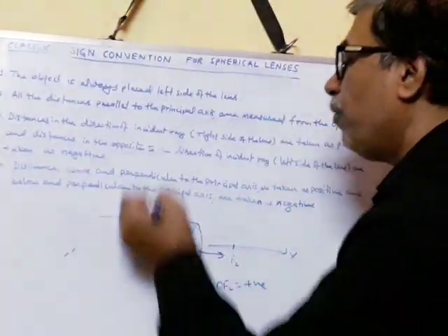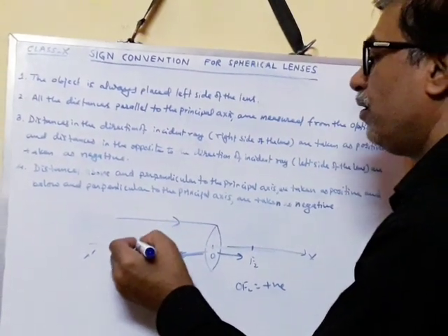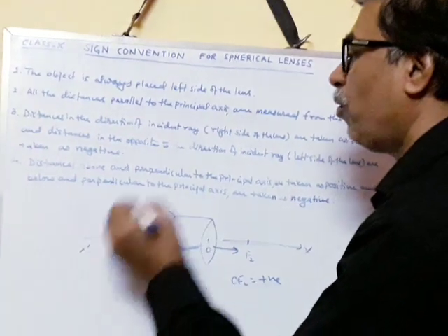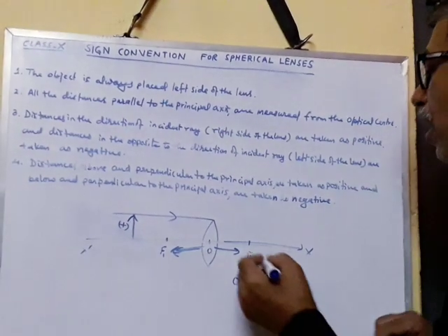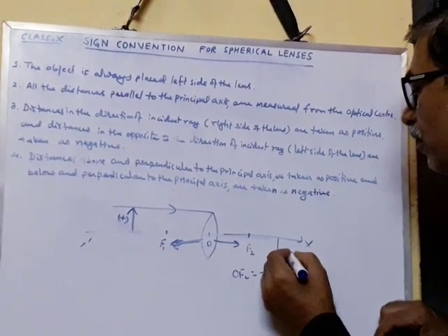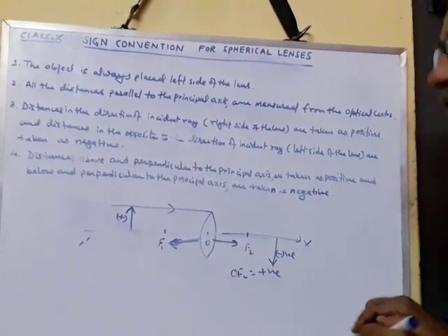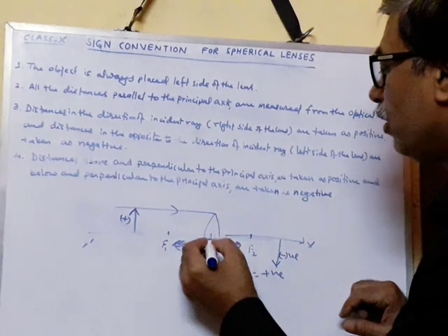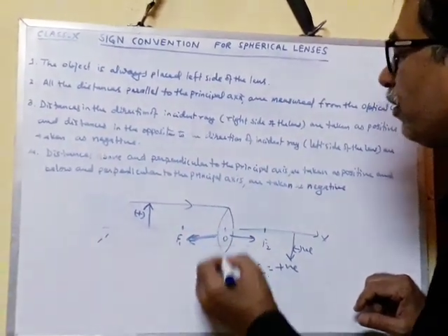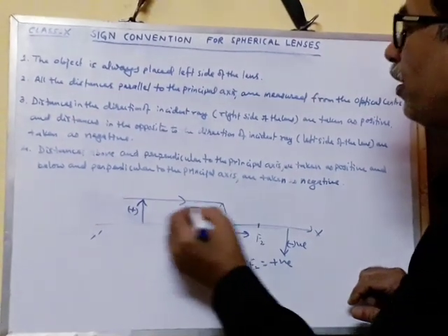Now distances above the principal axis are taken as positive, and below the principal axis they are taken as negative. Is it clear? As we know, in the y-axis the values below the origin are negative and above are positive.